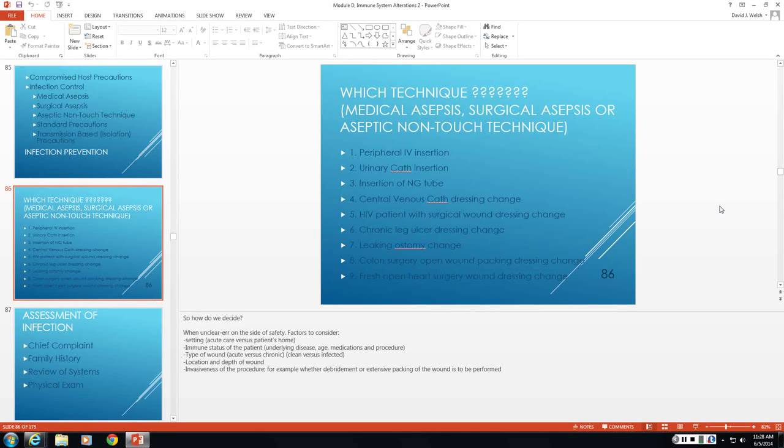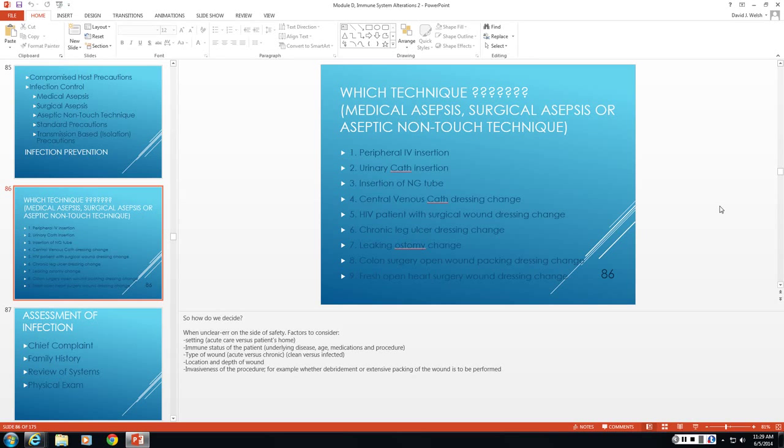So let's ask some questions. Which technique can be used for these different things? So peripheral IV insertion, what would it be? Urinary catheter insertion. So peripheral IV insertion would be what?